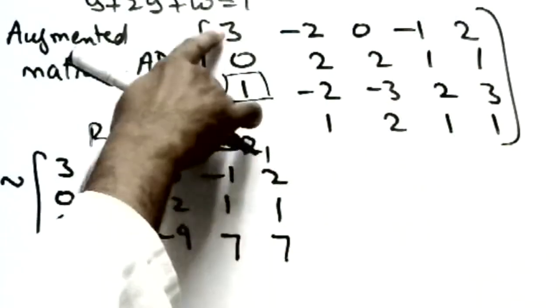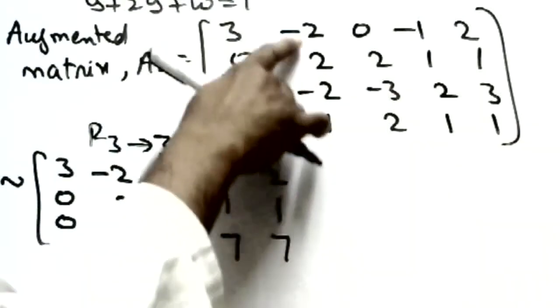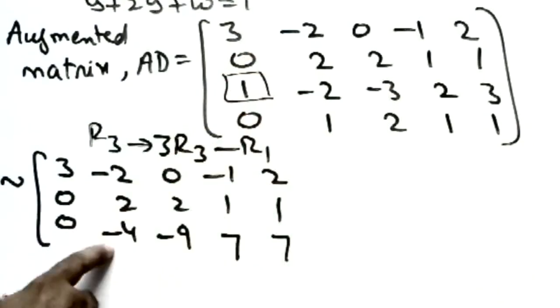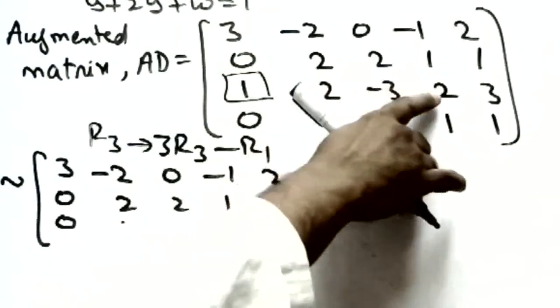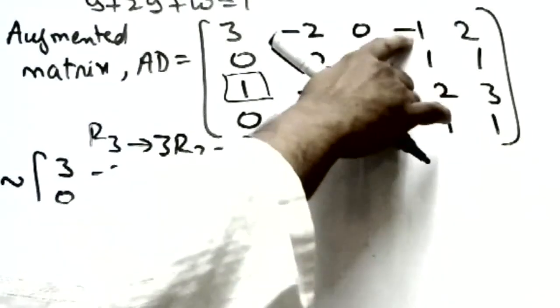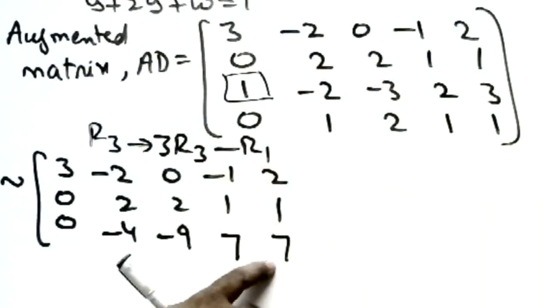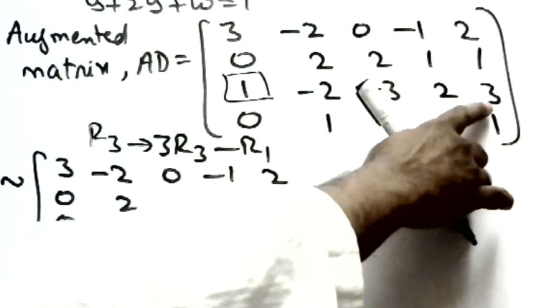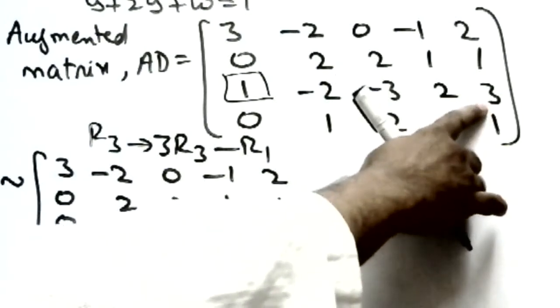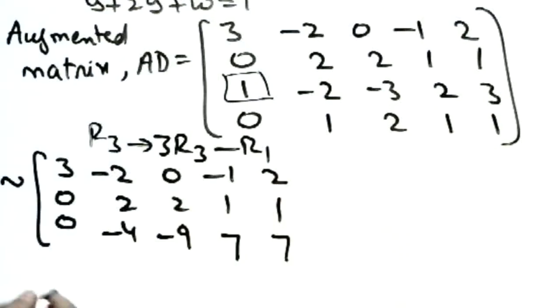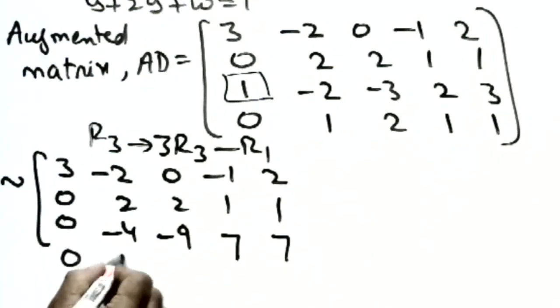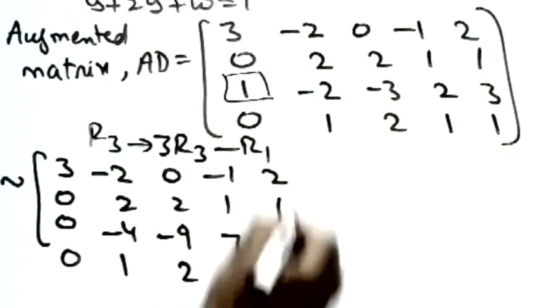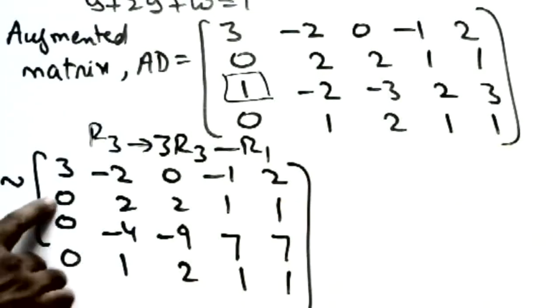So the third row is 0, minus 4, minus 9, 7, 7. The fourth row stays as it is: 0, 1, 2, 1, 1.